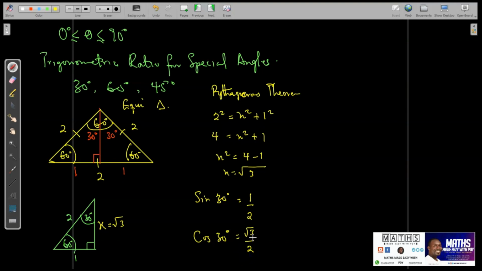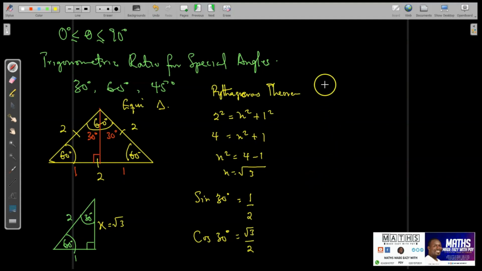Can you confirm on your calculator that cos of 30 degrees is root 3 on 2? Yes. Confirmation, please. Yes. All right, cos of 30 is root 3 on 2.